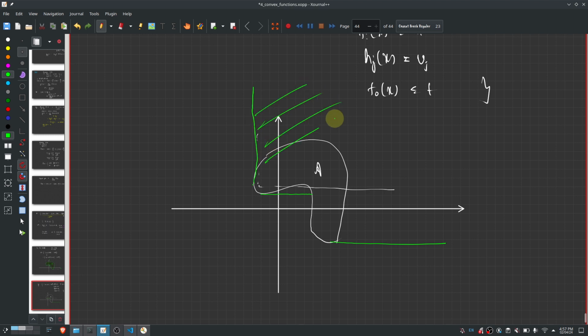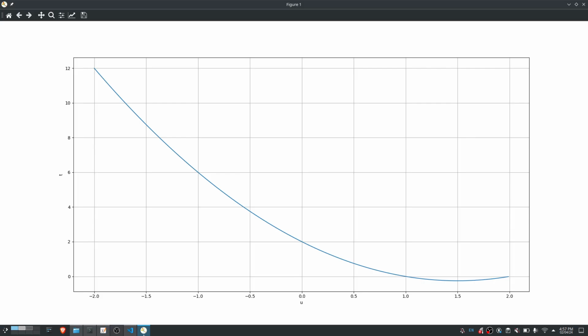This whole region would be your G. In this example, everything above the curve and everything to the right of the curve would be in G.